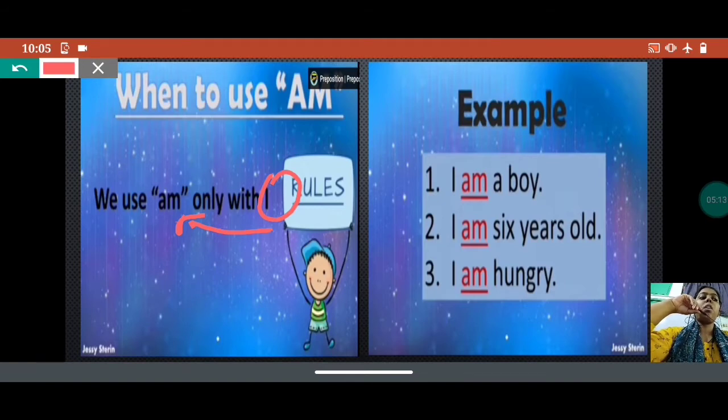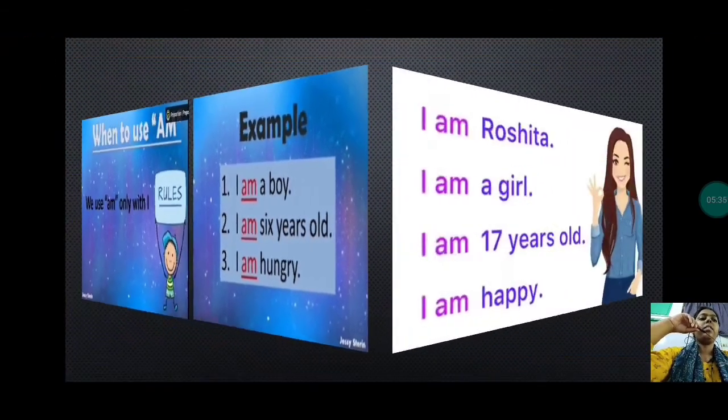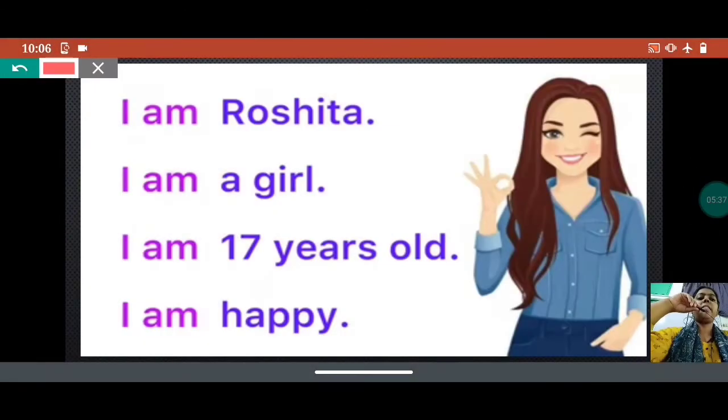And when we want to talk about ourselves, when we want to tell about ourselves, then we use I am. Okay, now I always uses am. So I am a boy, I am 6 years old, I am hungry. So here a person is telling about himself or herself. A few more examples of am are: I am Roshita, I am a girl, I am 17 years old, and I am happy.